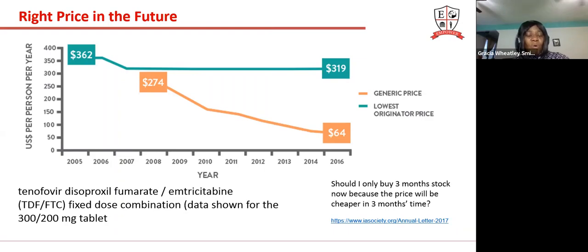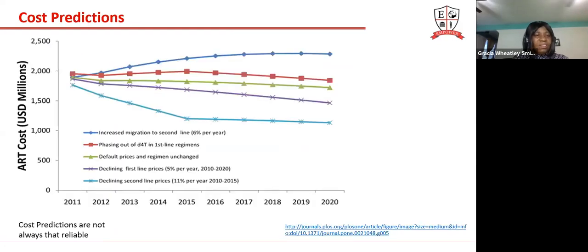We can buy more, so we reduce the possibility of having stockouts. So we have to consider the right price. What is the financial status of our country? Cost predictions are very erratic at times. It may start out expensive, then become less expensive. Can we consider the factor if a program is being phased out, then what do we do?